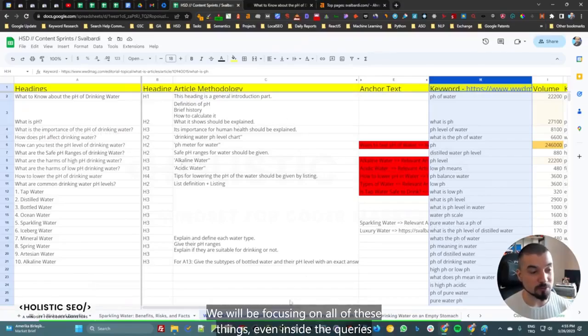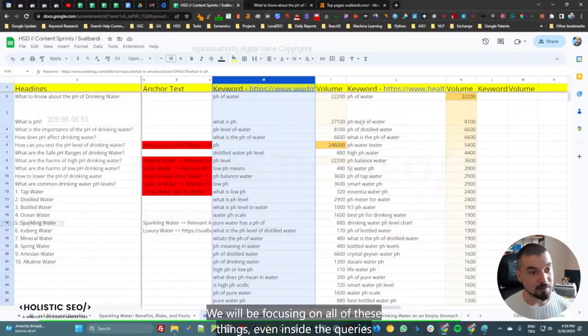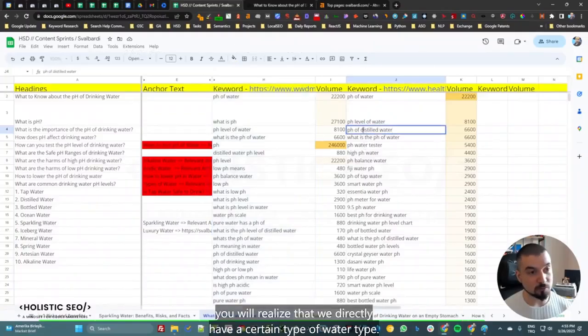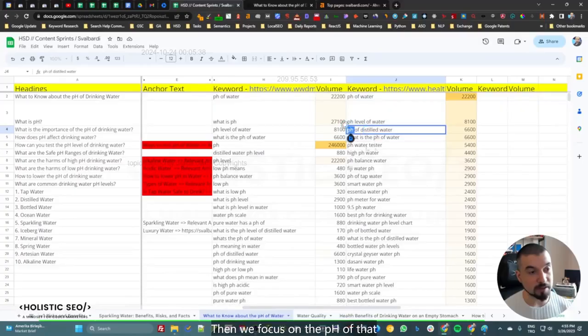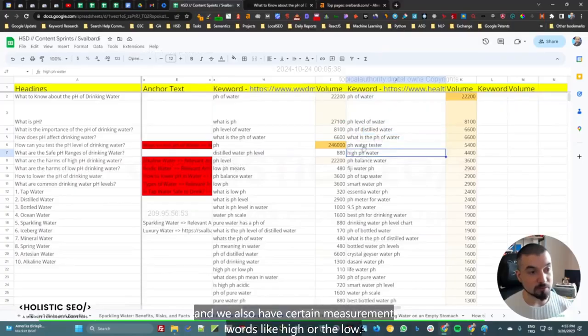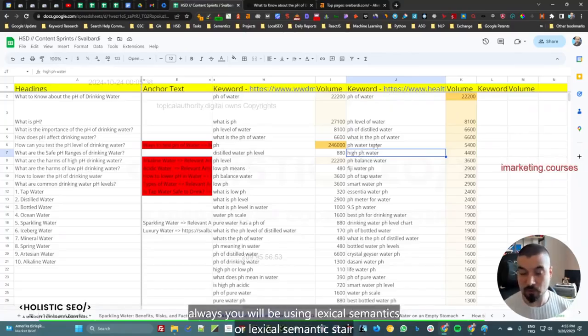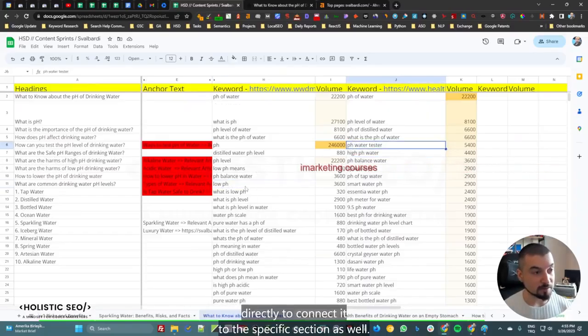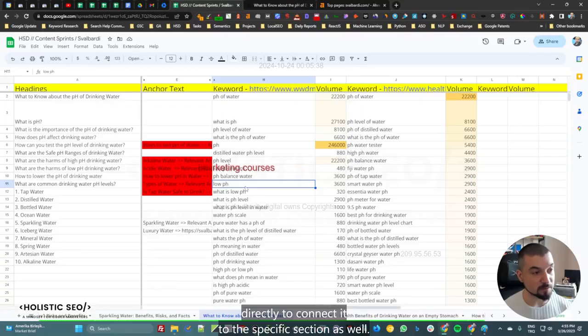We will be focusing on all of these things. Even inside the queries, you will realize that we directly have a certain type of water, then we focus on the pH of that. We also have certain measurement words like high or low. Even if you don't see the low directly, if you see the high, you will always be using lexical semantics to connect it to the specific section as well.